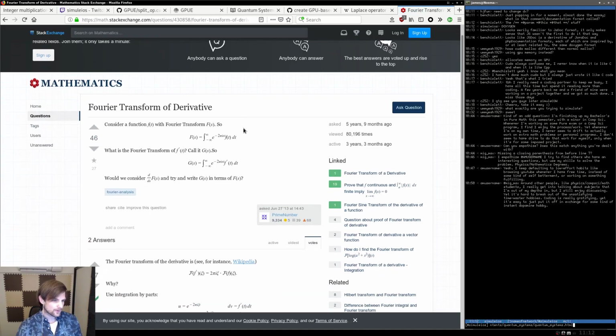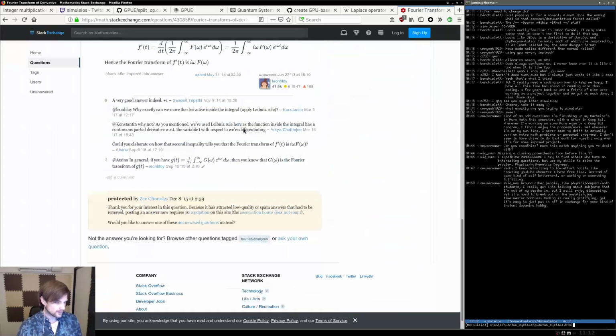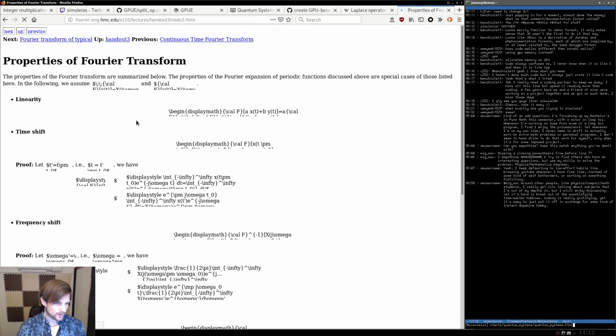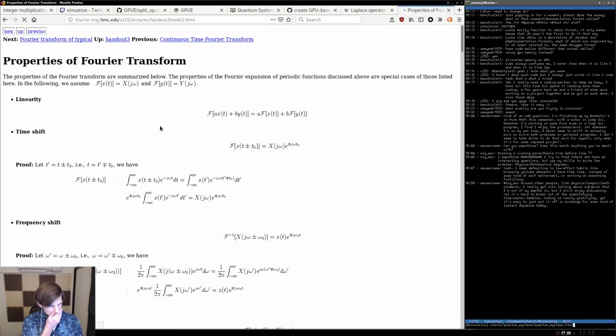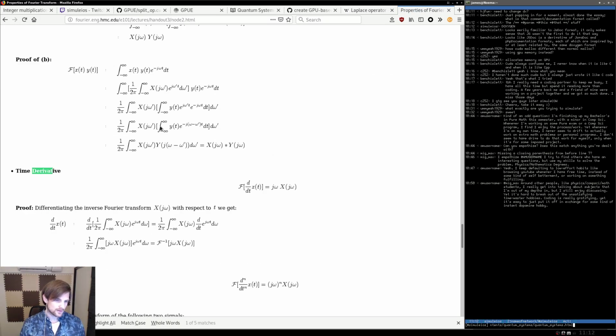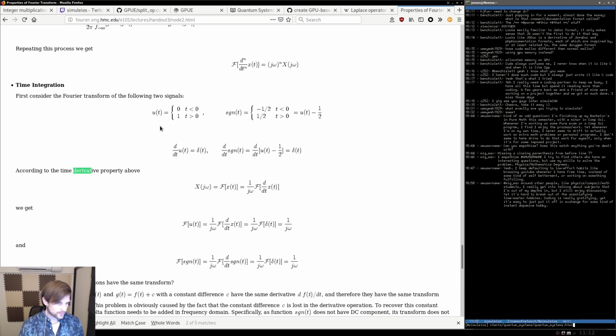You multiply in Fourier space, and yeah, you can perform a derivative with Fourier transform. And that's what we were doing before. The derivative property. We were Fourier transforming forward, multiplying by k. Okay, but maybe we're okay.